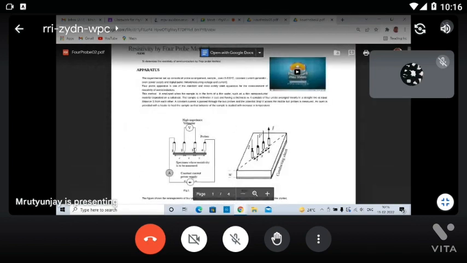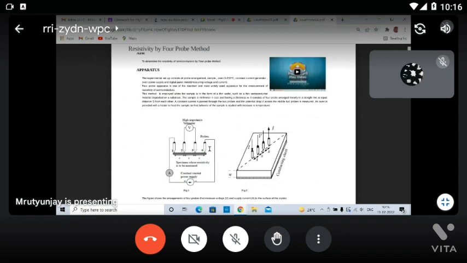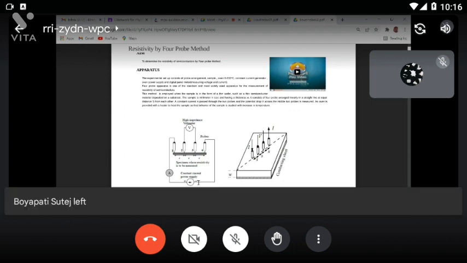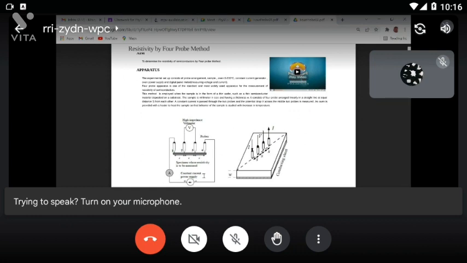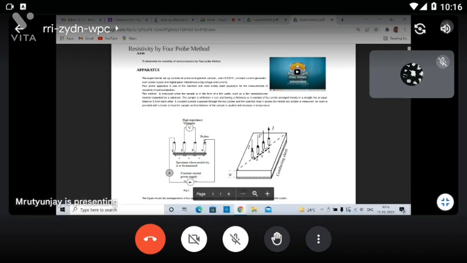You need to draw this. These 4 are the 4 probes, and the black one is the sample, that means the germanium crystal. Out of these 4 probes, we are giving current to the crystal using the outer 2 probes. Here we are giving a constant current of 8 milliampere, but we are getting voltage from the inner 2 probes.